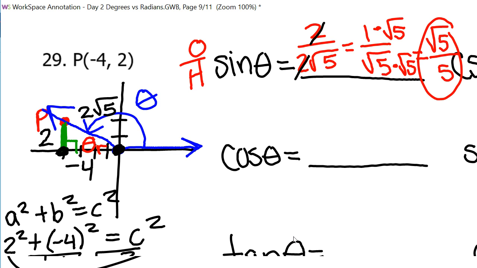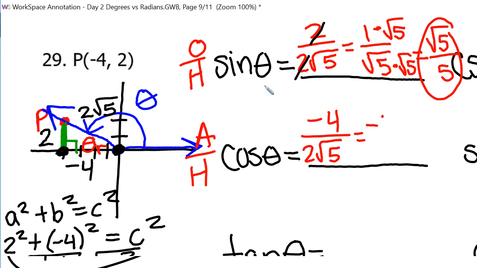Cosine, how do you find cosine using SOHCAHTOA? Adjacent over hypotenuse. So the adjacent side is -4. The hypotenuse is still 2 square root of 5. What's -4 divided by 2? -2. Yeah, so that's -2 over square root of 5.